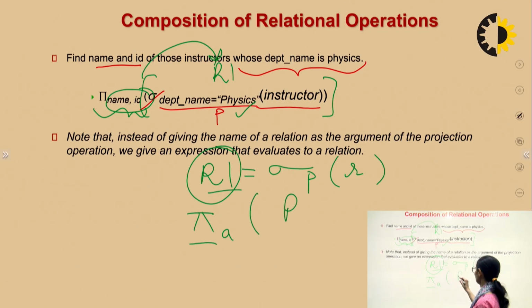I just need to write R1 here. So, if you feel that things have become very complicated for you, then first try to break down your complex question into sub parts, solve them independently, and then do the nesting.